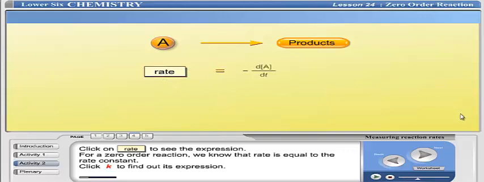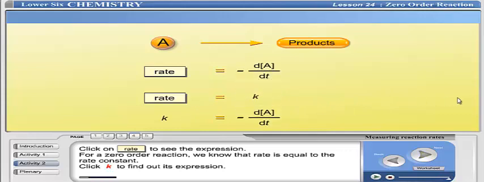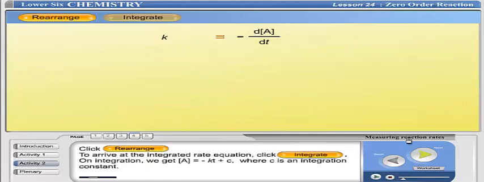For a zero-order reaction, we know that rate is equal to the rate constant. Click k to find out its expression. Click Rearrange. To arrive at the integrated rate equation, click Integrate.